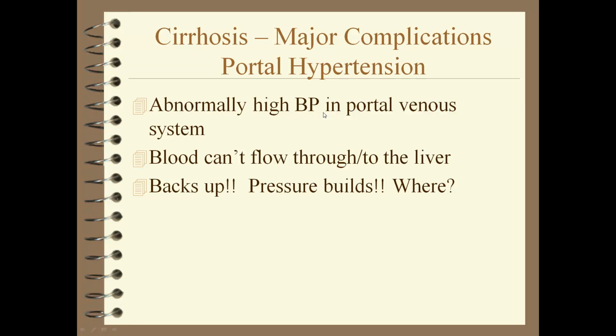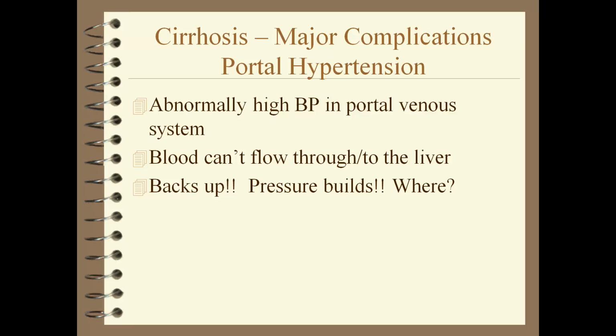So cirrhosis, the biggest complication, because it is insidious, is portal hypertension. Basically, since the blood from the veins cannot flow through the liver because of the fatty fibrous nodules and the scarring, it backs up and it causes pressure in your portal veins. So those back all the way up, and those are the patients then that have varices, esophageal varices or gastric varices.